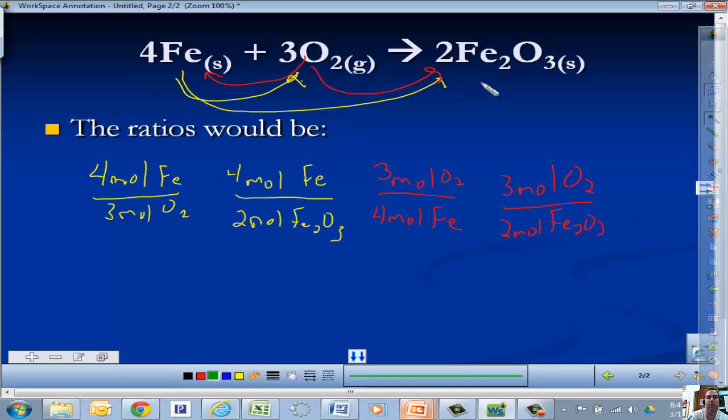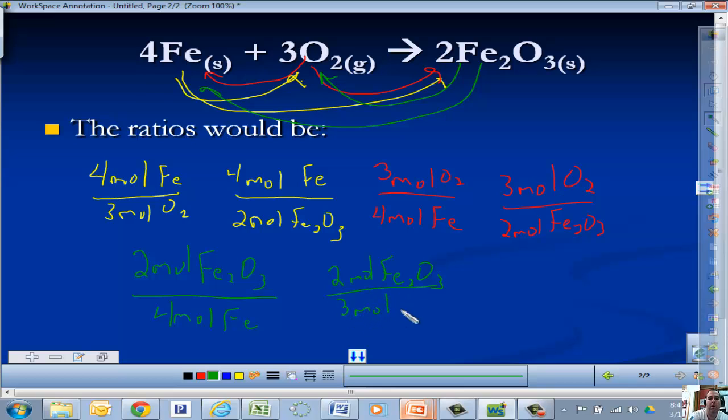And finally, I got to take the Fe2O3, and I have to go there. I have to take the Fe2O3 and go there. So 2 moles of Fe2O3 to every 4 moles of Fe, and finally 2 moles of Fe2O3 to every 3 moles of O2.